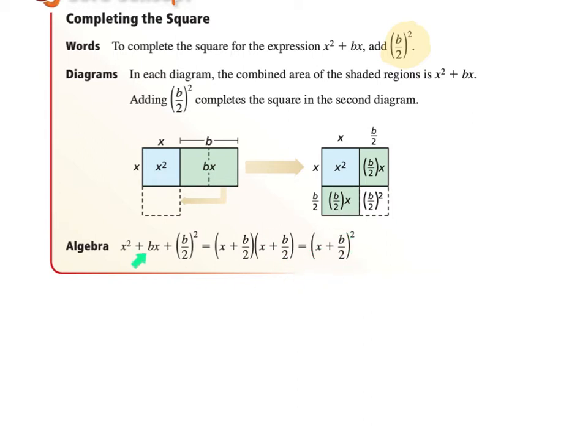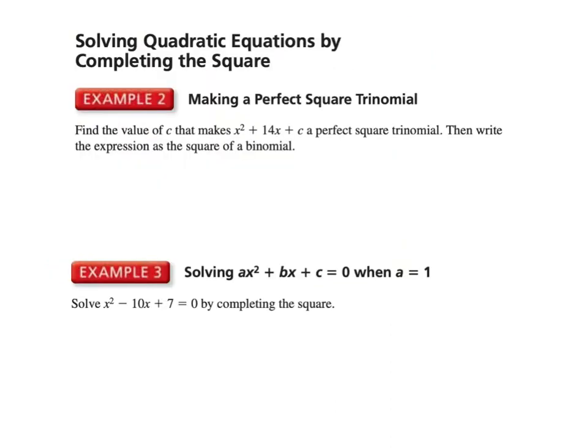This is a little more complicated, but it's really easy when we look at it with numbers. The big thing to remember is that b over 2 squared is the ideal c value. So let's take a look.